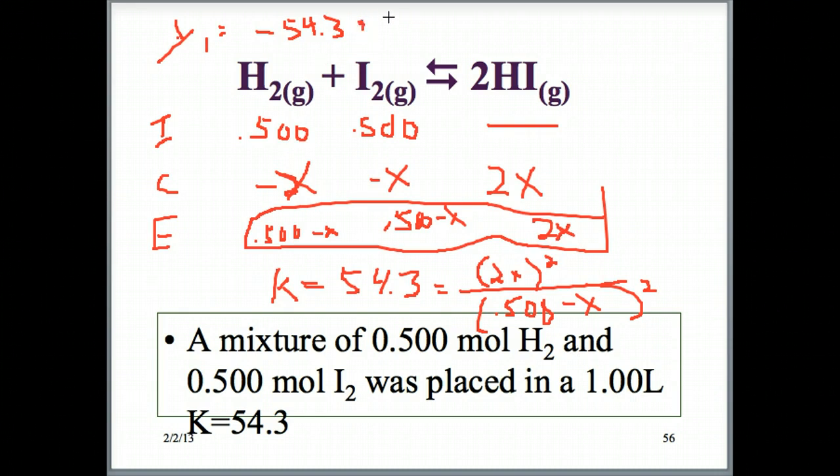Plus 4x squared divided by 0.50 minus x squared.